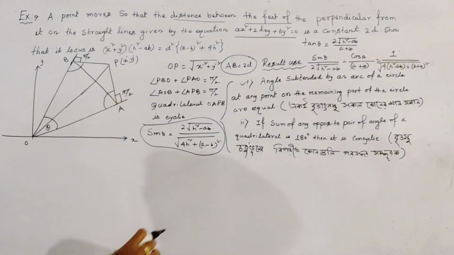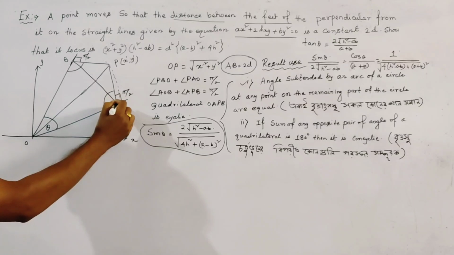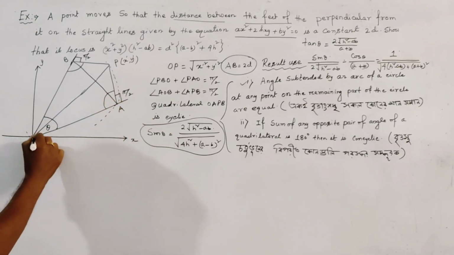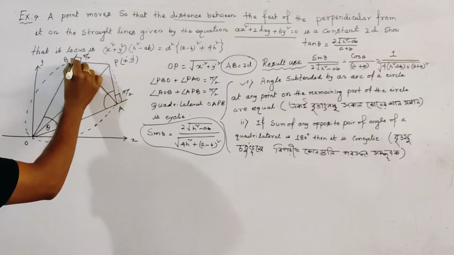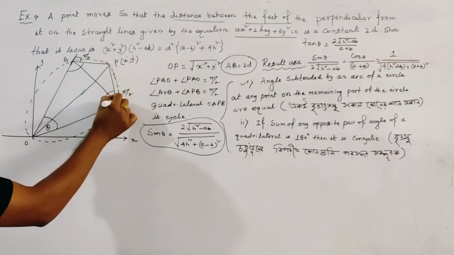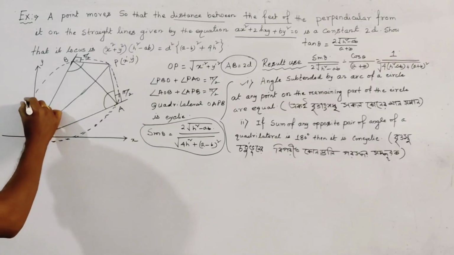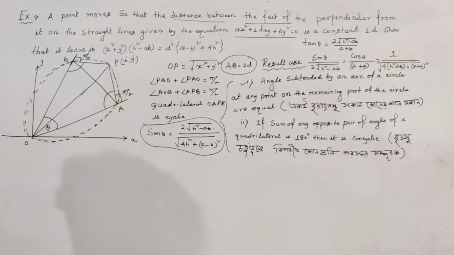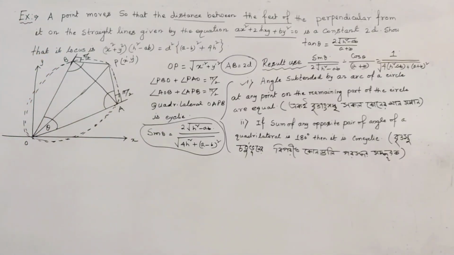Now using the first property, if we draw a rough circle like this, okay, since this is a cyclic quadrilateral, it is inscribed in a circle. Let it be the circle in which the quadrilateral is inscribed.